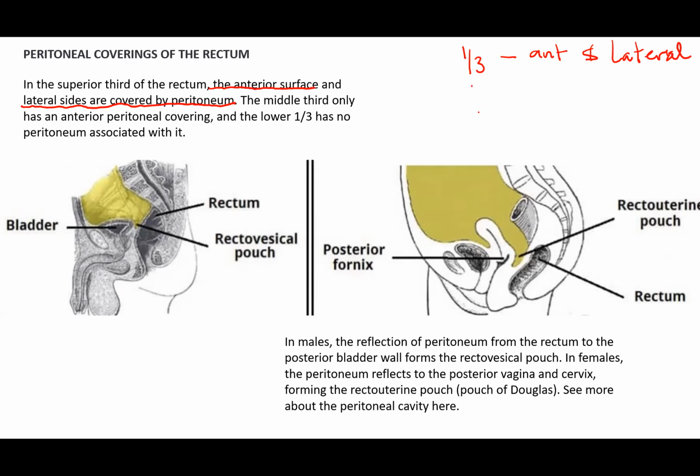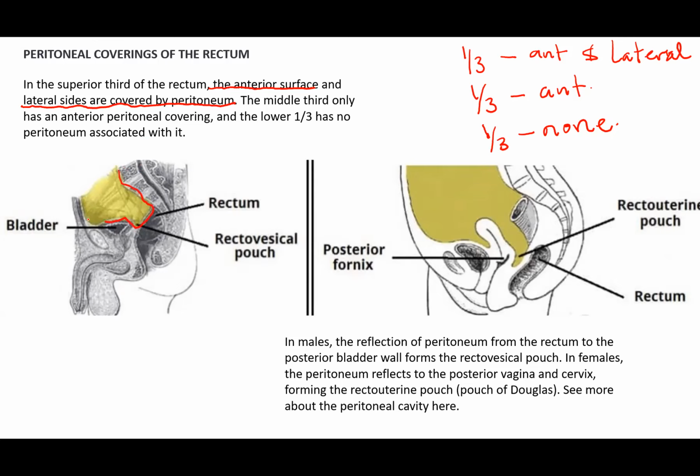In the middle third of the rectum, only the anterior has peritoneal covering, because from the middle third, the peritoneum reflects anteriorly, leaving the lower third completely extraperitoneal. If you notice this yellowish part, you can see how it reflects.